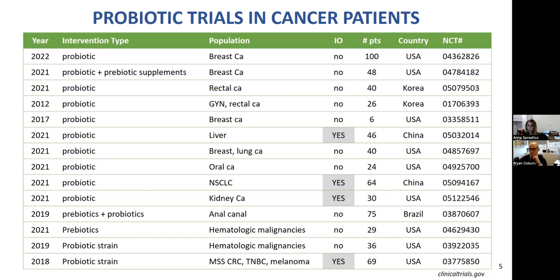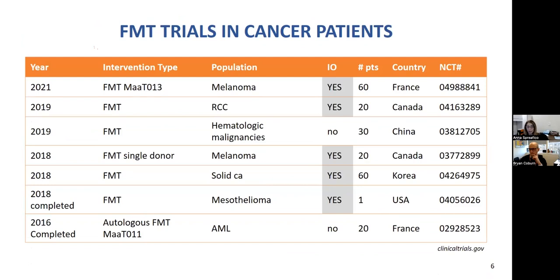If we move to the fecal microbiota transplantation space, aside from the 2 published studies already presented, the list becomes shorter, as you can see. The number of patients evaluated is somewhat limited, but certainly there's more data with respect to fecal microbiota transplantation in combination with immunotherapy.